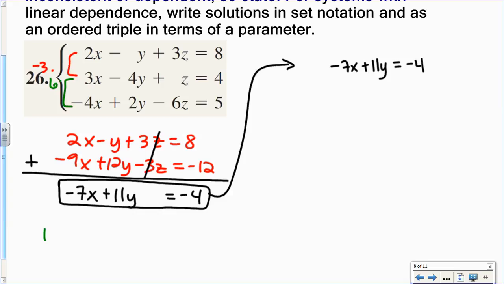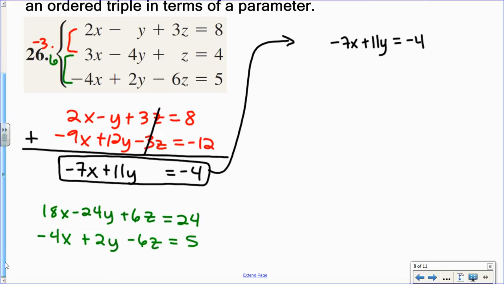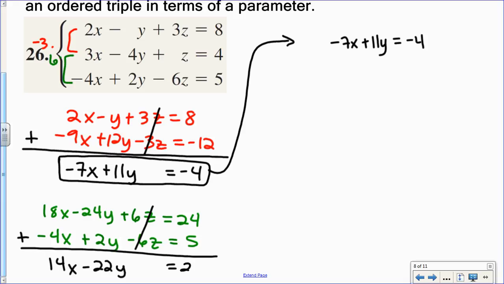So that's 18x minus 24y plus 6z equals 24, and then -4x plus 2y minus 6z equals 5. Now I can add down. That's 14x minus 22y equals 29.